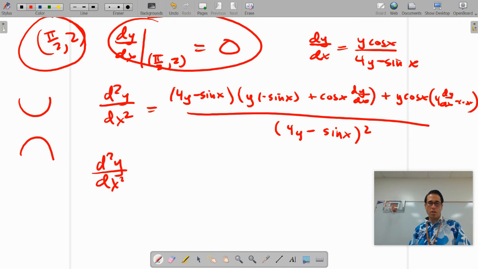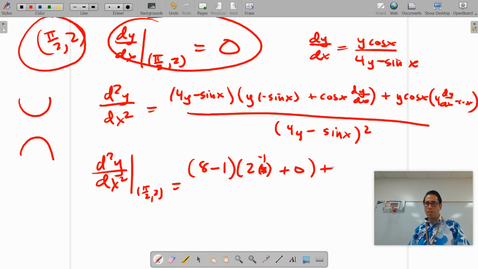You're going to put all of these values, the pi over 2 and the 2, in for all of those. So if we do that, what do we get? 8 minus 1. That's what I get from the beginning part. And then for the y here, I get a 2, and then it would be negative 1, I'm sorry. Negative 1 in there. Plus, that's just going to 0.